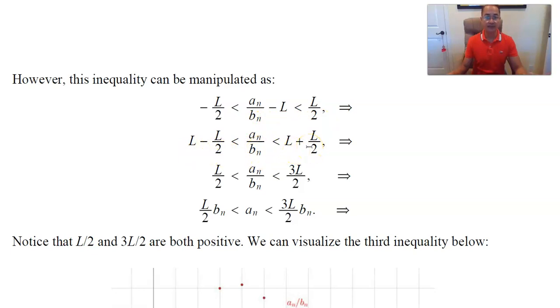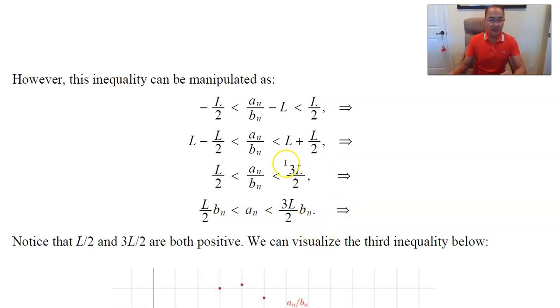L plus L over 2. But now we get L over 2 on the left, simplifying 3L over 2 on the right. Okay, so this tells us, because b_n is positive, we can also get rid of the b_n in the middle, multiply all three parts by b_n. So we get L over 2 times b_n is less than a_n and less than 3L over 2 times b_n.